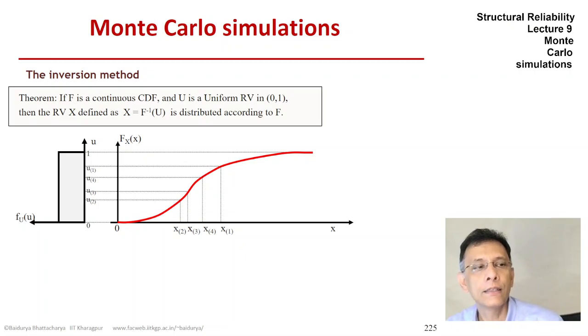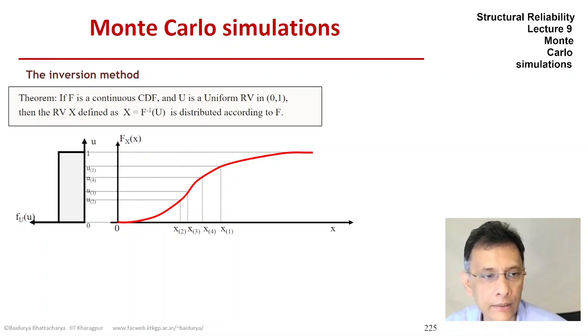So on the right you have x and its CDF F, the red line, and so U1 is inverted through the function F, and what we get is x1. The next one, suppose that is generated is U2, and again by inverting the function F, we get x2 on the x-axis.